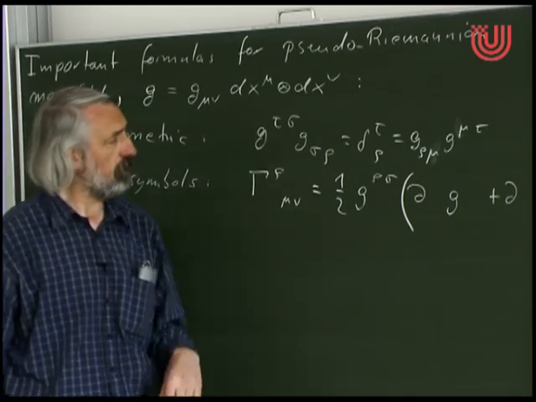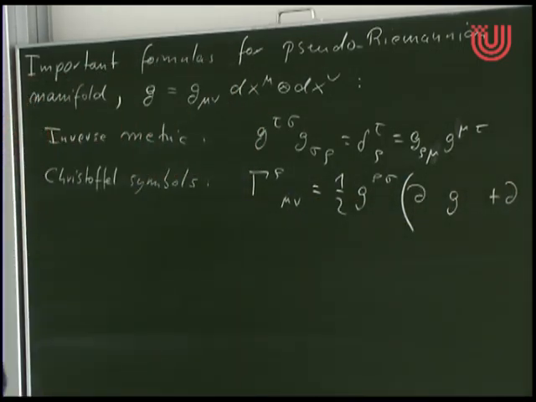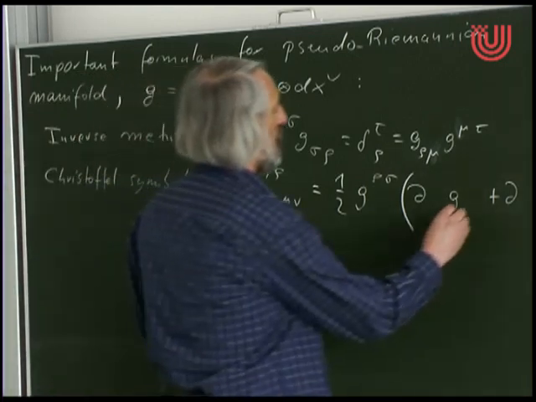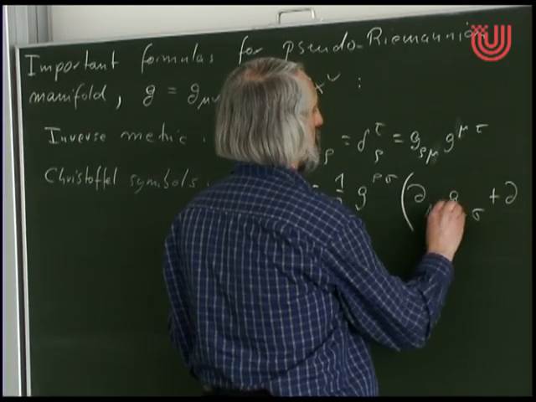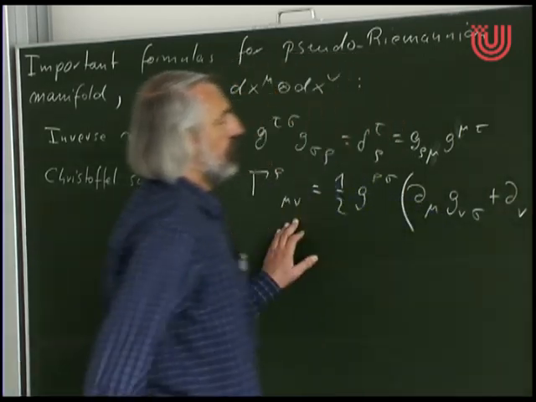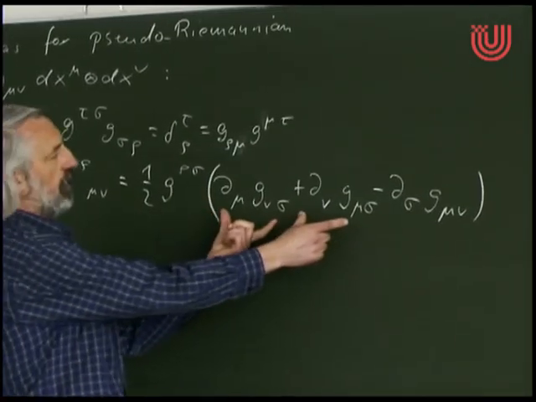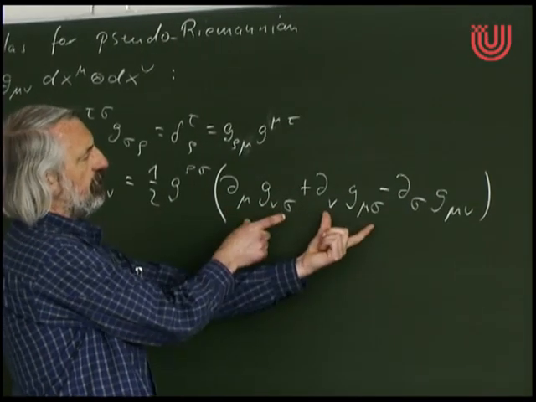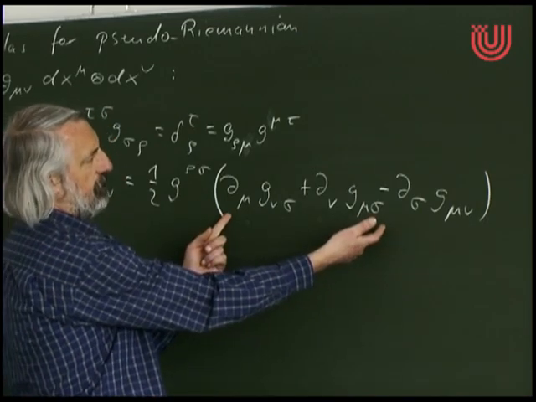They are torsion-free. So we must arrange the things in such a way that this becomes symmetric with respect to mu and nu. So I have a sigma here, a sigma here, a sigma here, mu, nu, mu, nu, mu, nu. That's the only way in which I get something symmetric. Right? If I interchange mu and nu, then these 2 terms are swapped, but the sum of them remains the same, right?